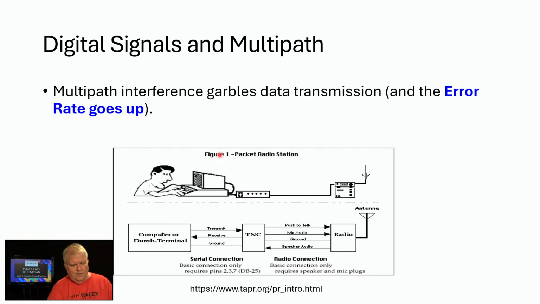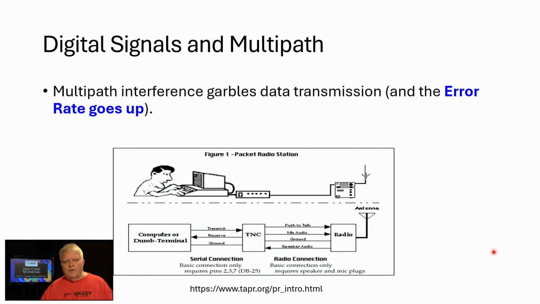And here's a little pictorial of, again, a packet radio station. Packet radio still exists today, although not as popular as it once was. But if you've heard of APRS, and that system allows you to send your location, latitude and longitude, and other information, that is an outgrowth of packet radio.